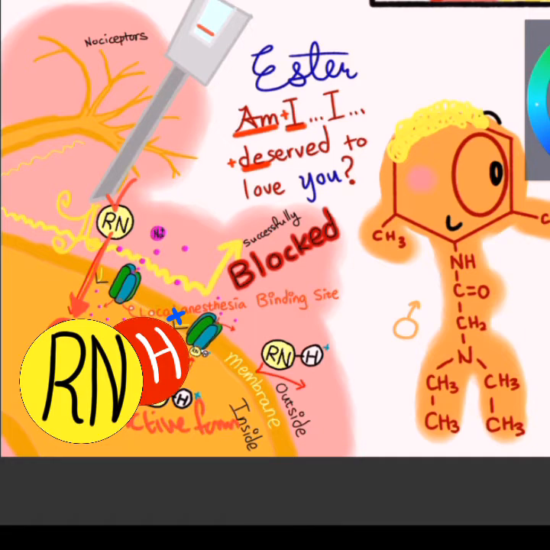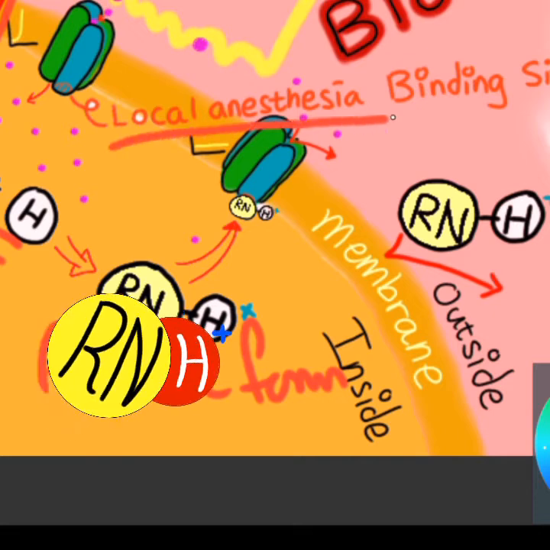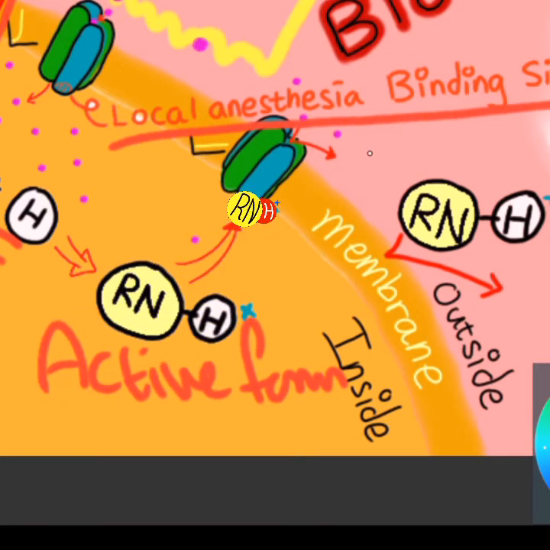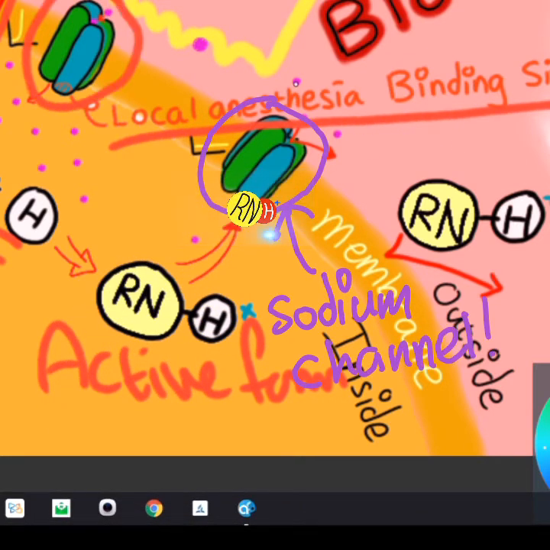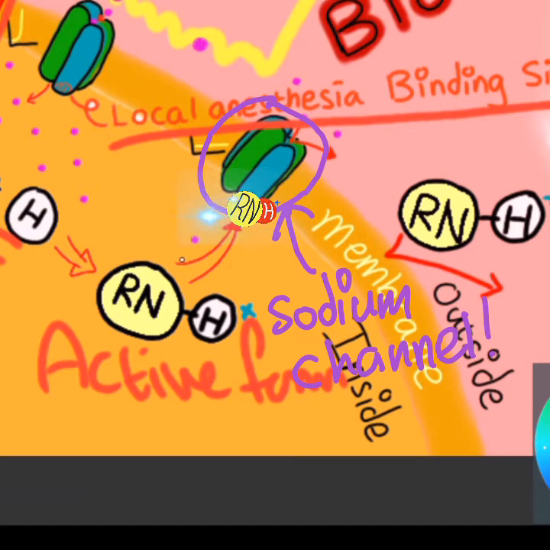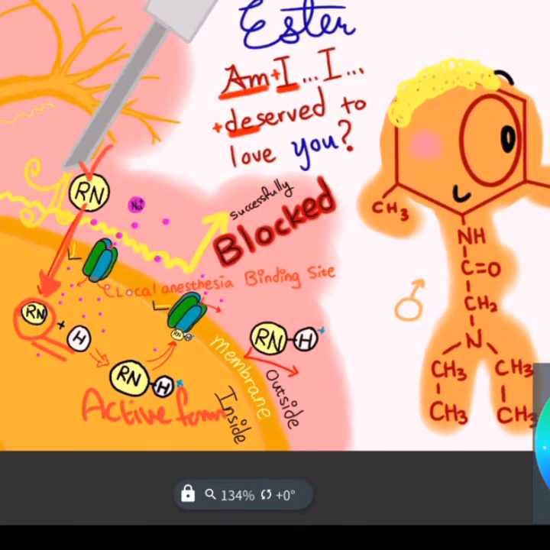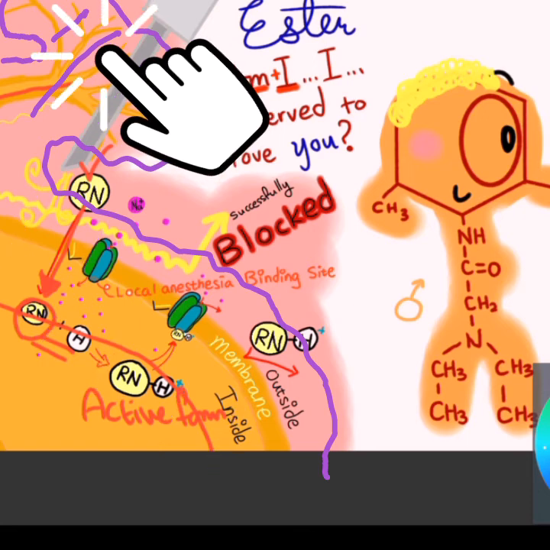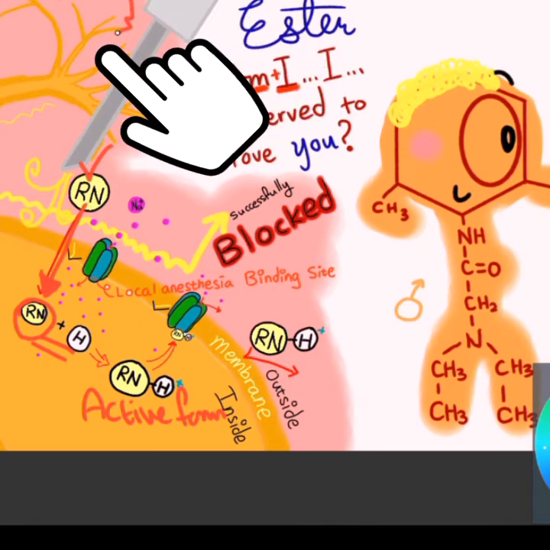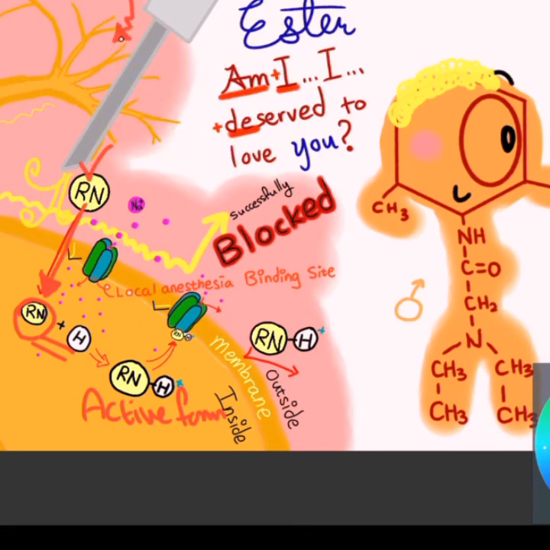it attaches to the local anesthesia binding site of the sodium channel. Is it crystal clear? Once it binds to the local anesthesia binding site, it blocks the sodium influx. Let's say that this is the nerve fiber, and stimulation or stress is applied at the nerve ending.